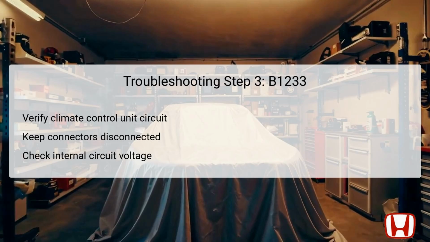If the voltage deviates from this expected range, it flags potential issues within the climate control unit itself, suggesting that it may not be communicating adequately with the air mix control motor. Understanding these relationships helps ensure all facets of the climate control system are functioning correctly and that the DTC can be cleared appropriately after repairs.